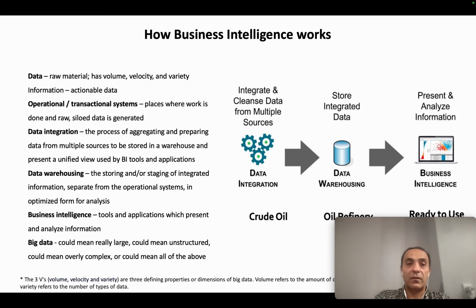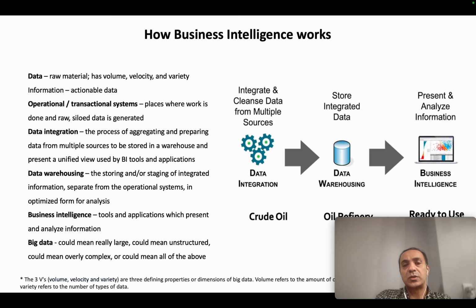These are places where work is done and raw or the siloed data is generated. Data integration, which is the process of aggregating data from several sources and preparing data or cleaning data from multiple sources and then storing it in a warehouse to present a unified view that's being used by BI tools and applications to analyze data.